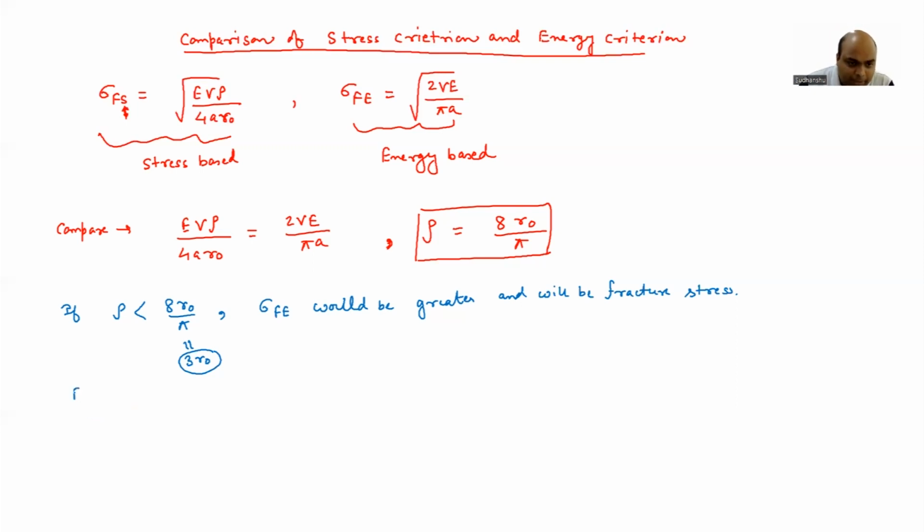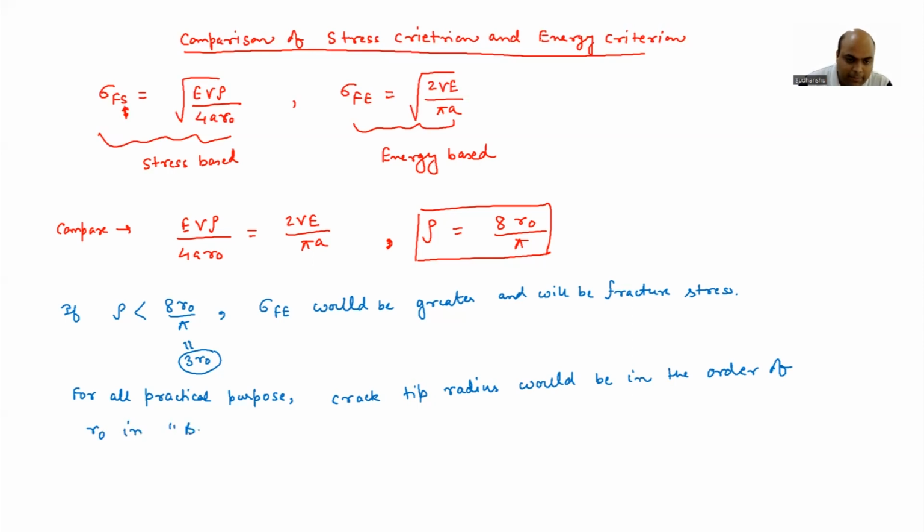So for all practical purposes, the track tip radius would be in the order of R naught, in brittle material, not in ductile material.